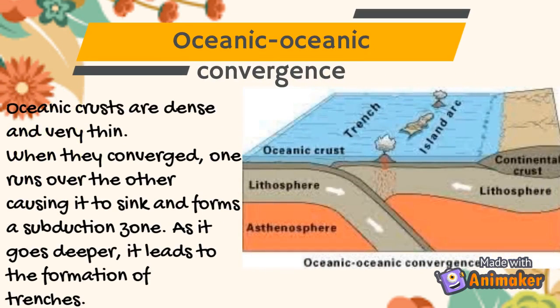The second one is oceanic convergence. Oceanic crusts are dense and very thin. When they converge, one runs over the other, causing it to sink and forms a subduction zone. As it goes deeper, it leads to the formation of trenches.